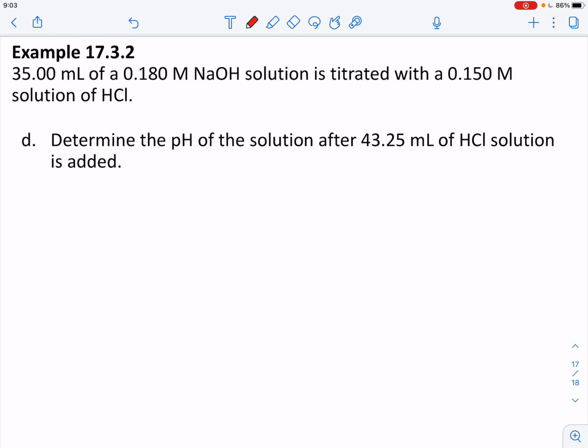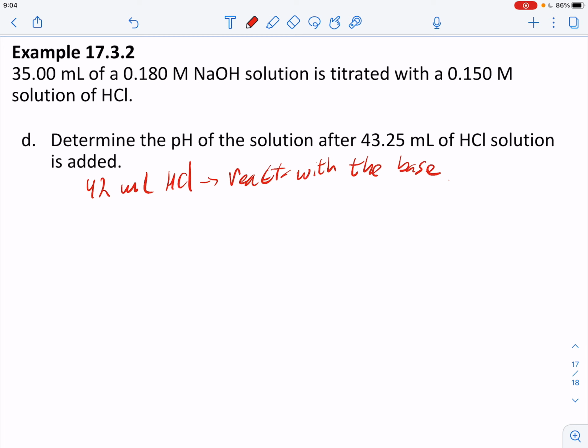Now in this problem, what is the pH after you added 43.25 milliliters of the acid? Remember, based on the previous problem, if you added 42 milliliters of HCl, that is what you require to react with the base.